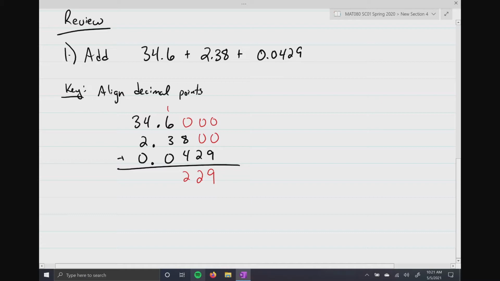Carry the 1. 1 plus 6 is 7, plus 3 is 10. Put my decimal, carry the 1. 1 plus 4 is 5, and 5 plus 2 is 7. And a 3. All right, so the final result would be 37.0229. Does that make sense, everyone? Okay.